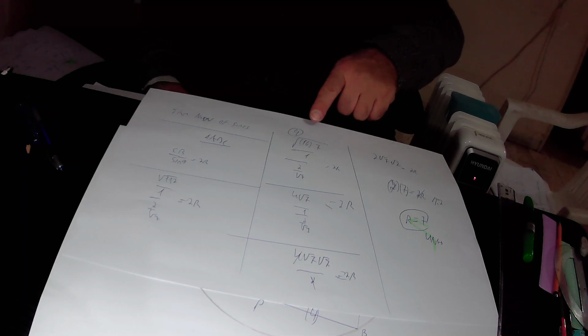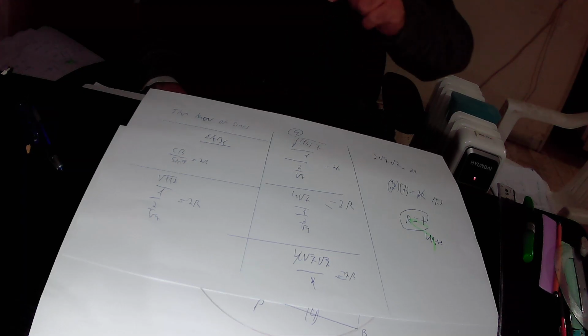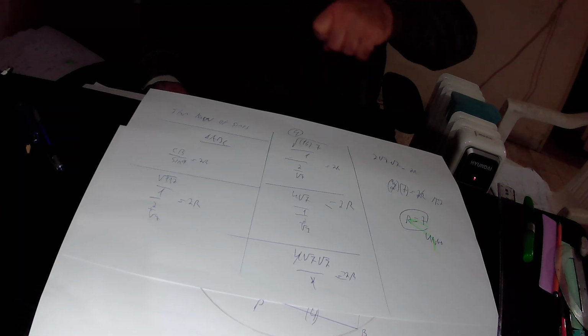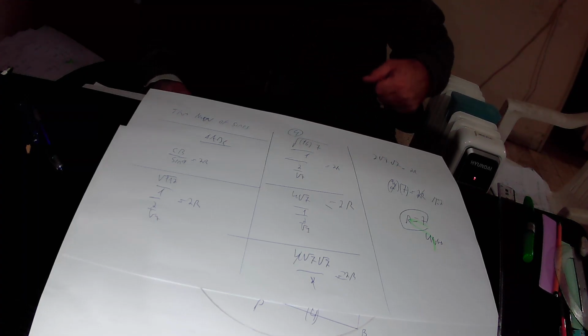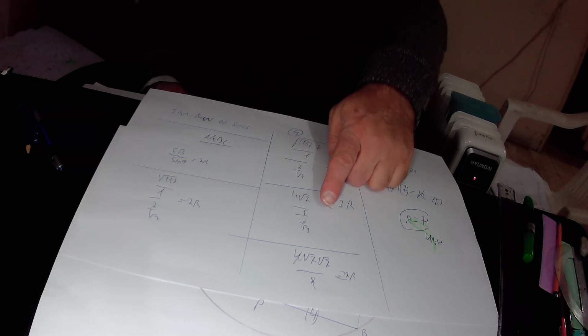Again, the square root of 16 is 4, so we took 4 out of the root, leaving square root of 7 inside. So we have 4 times square root of 7 over 2 over square root of 7. We moved the square root of 7 to the numerator and 2 to the denominator.